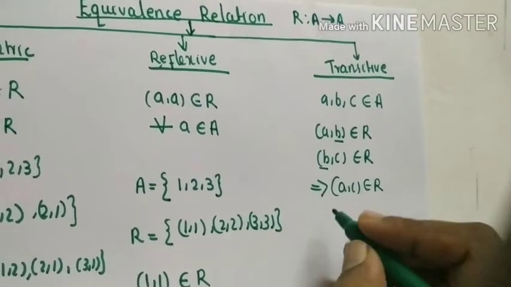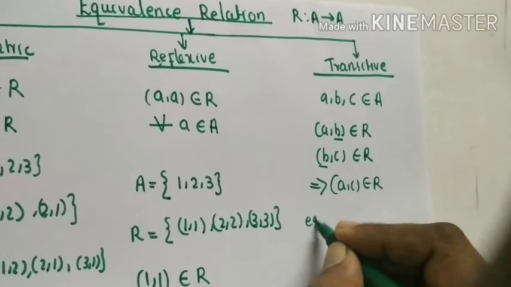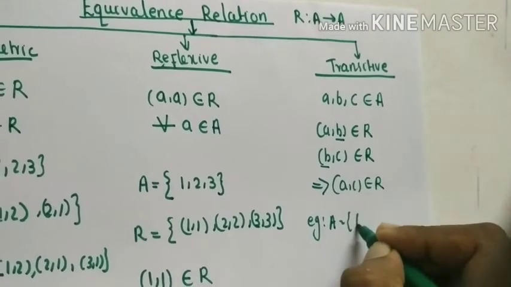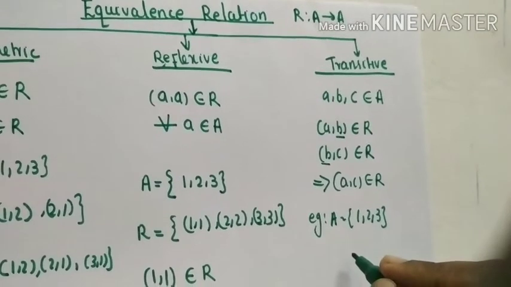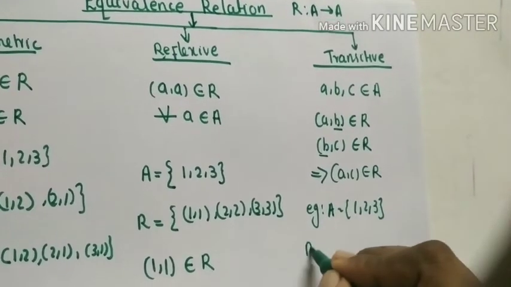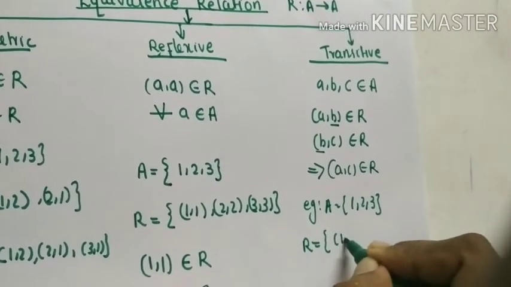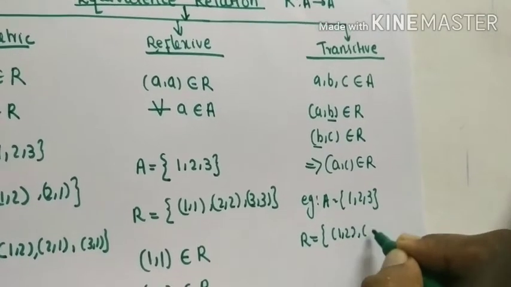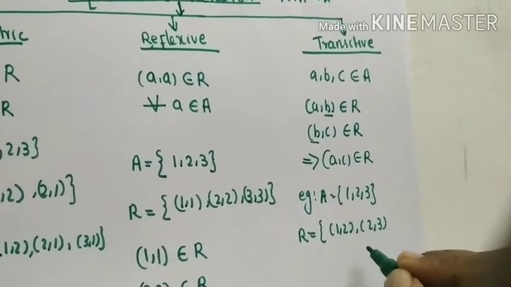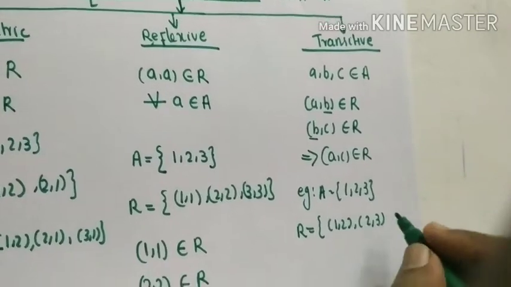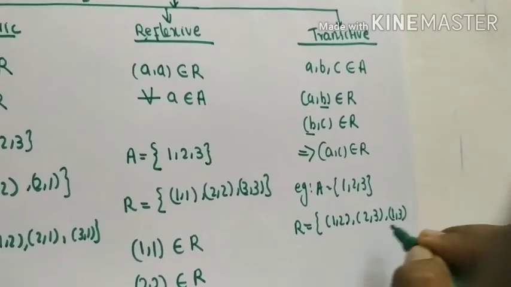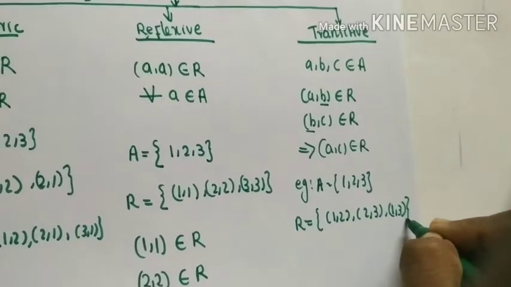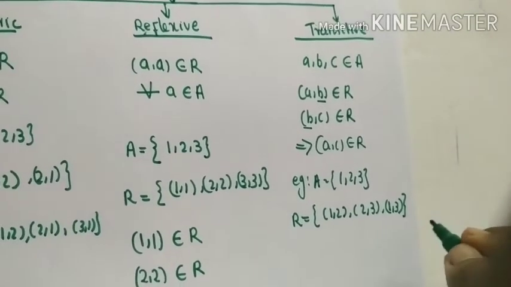So taking the same example once again, let A equal {1, 2, 3}, and my given relation has the elements R equal to {(1, 2), (2, 3)}, and we need to make sure that (1, 3) is in the given relation. Such relations are called transitive.